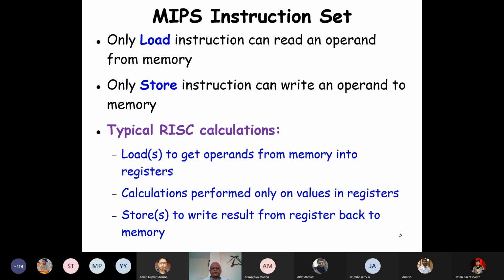Now let's look at the MIPS instruction set. Like all RISC processors, memory access is done by only 2 instructions. The first, obviously, is load, which reads an operand from the memory into a register.